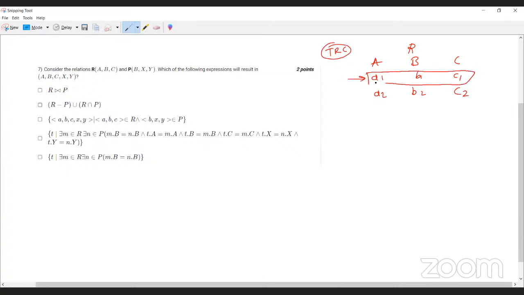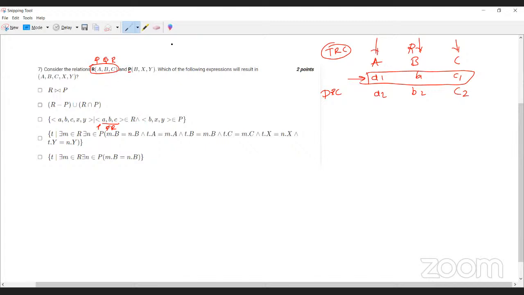In domain relational calculus, the expression works on attributes and domain variables. So this is the equivalent query for the DRC: for a relation R, there exists ABC which belong to R. This should be in the same order as present in the relation R. Instead of ABC, I can also write PQR here, but it must be in the same order. Same for the relation P also.